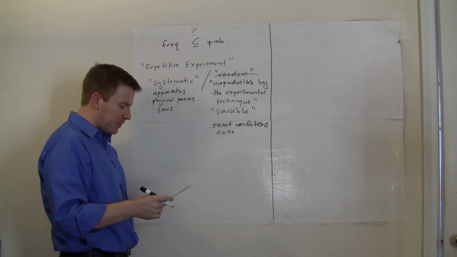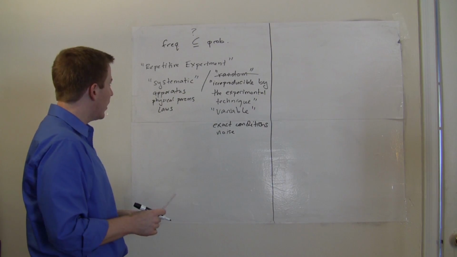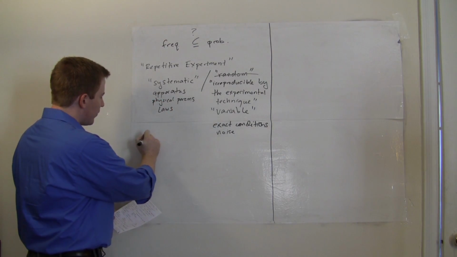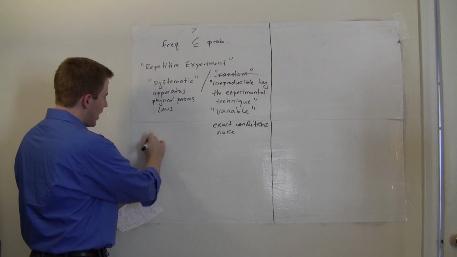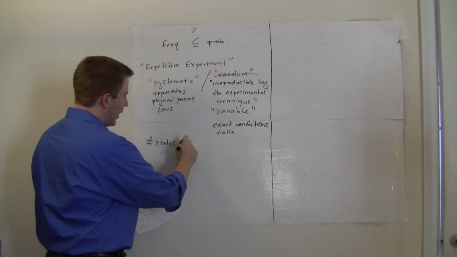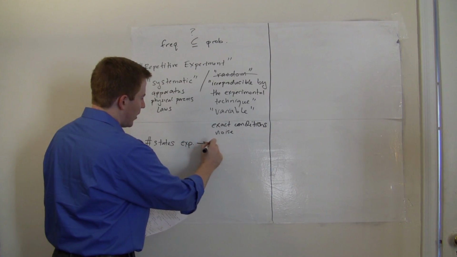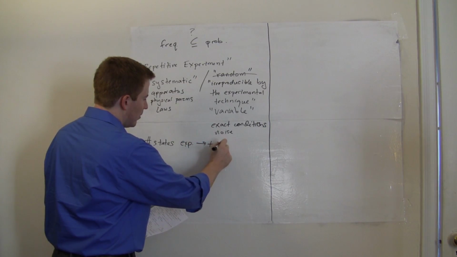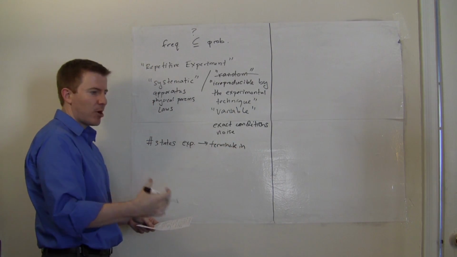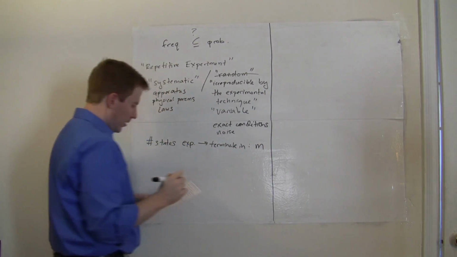So just to fix some of the terminology, and to make the notation as clear as we can, the number of states, let's say, that the experiment can generate or terminate in, basically whatever we can get out of the experiment as our data, we're going to call that number little m.